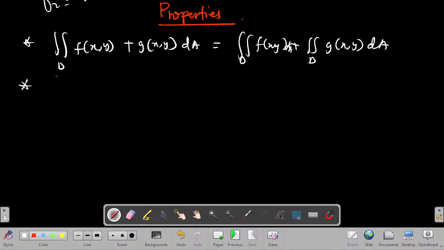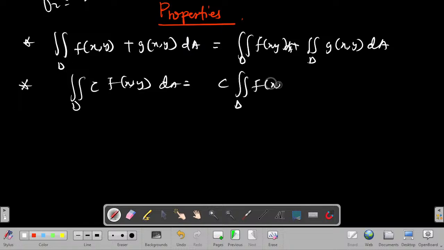Then if you have the integral of c multiplying a function f(x,y), where c is a constant, just put your constant outside of your double integral, then simplify.